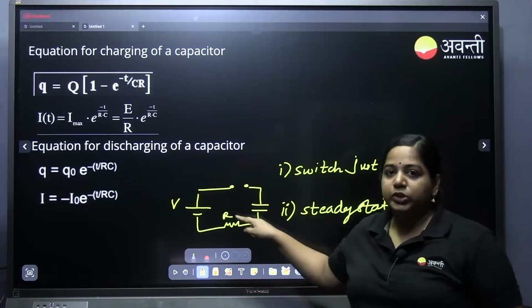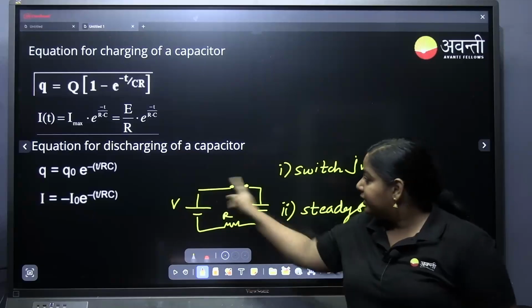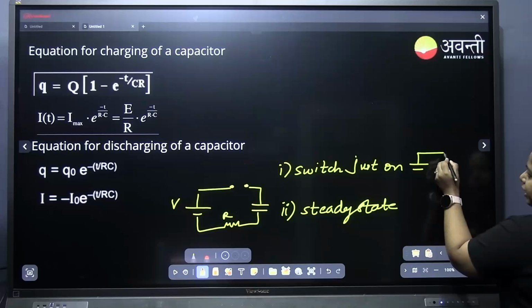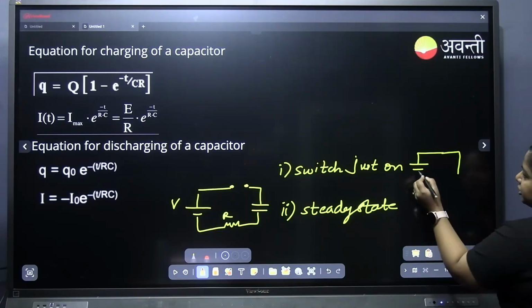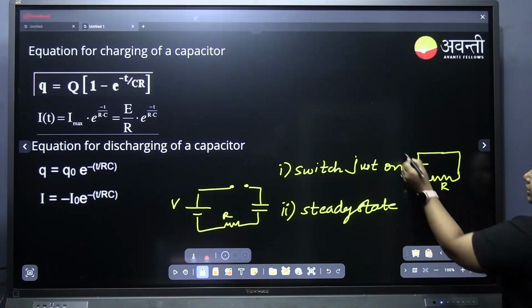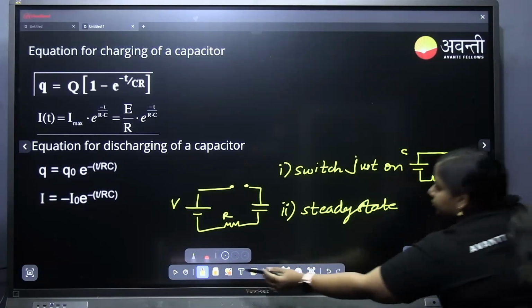These two cases you have to see. When we just switch on the switch, the capacitor can be assumed to be a conductor, so the circuit will become like this.